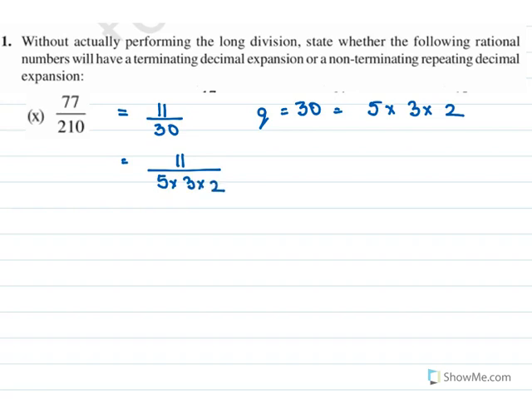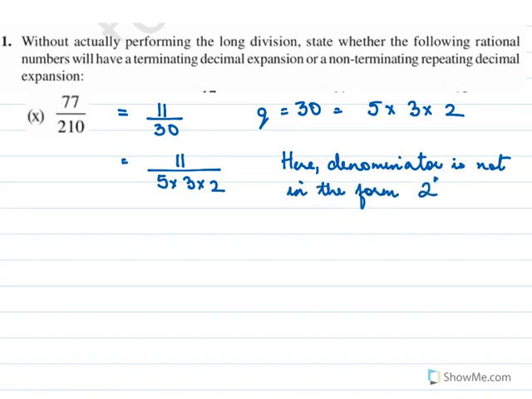Thus we see that Q, the denominator, is not in the form 2 raised to m, 5 raised to n, and that's because of this 3. It is a 3 that is making all the difference.